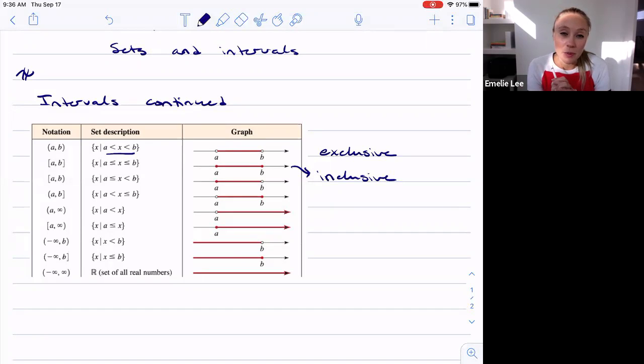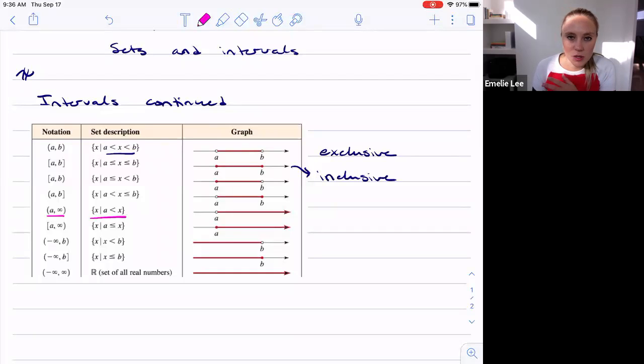Things we didn't talk about are things like this, where your interval is going to infinity. From a to infinity is the same as saying some x, and we're talking set builder notation here. We read that as the set of x such that a is less than x.